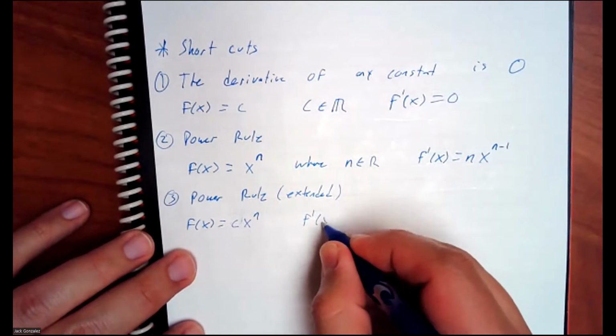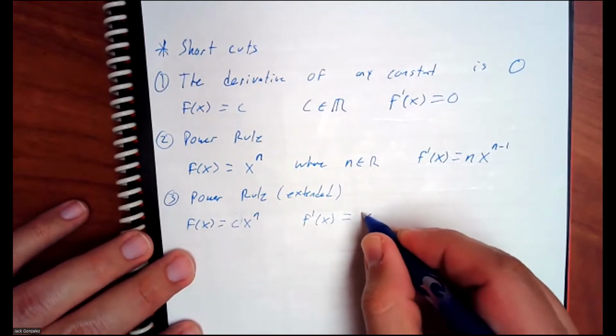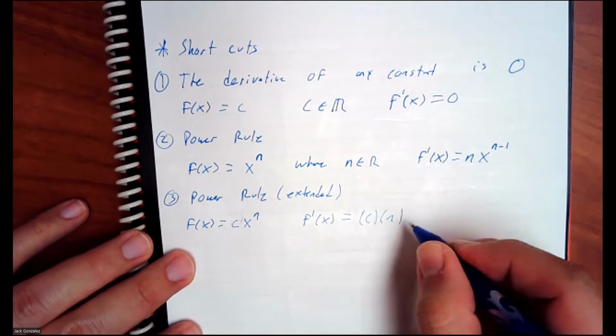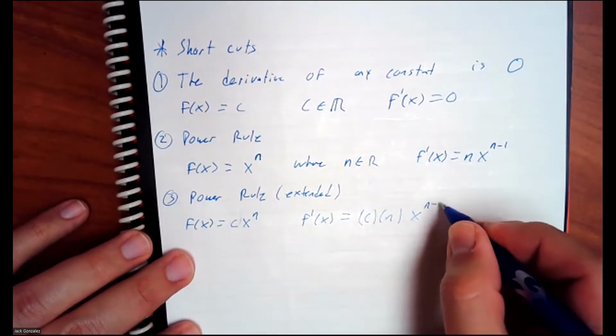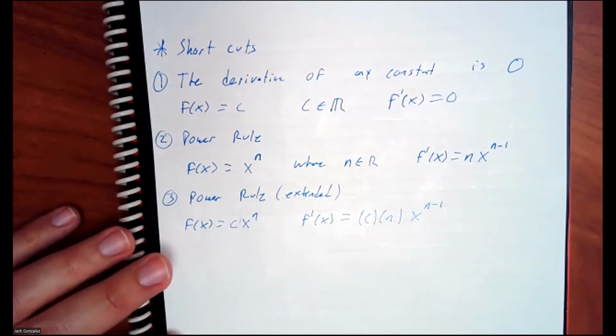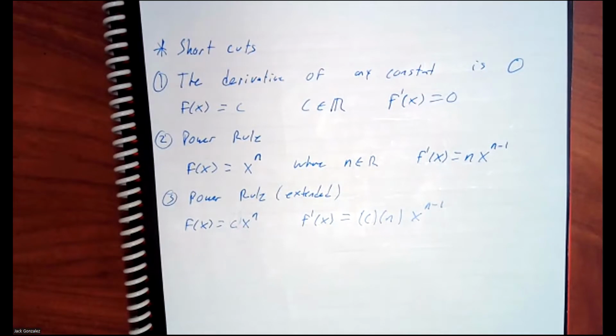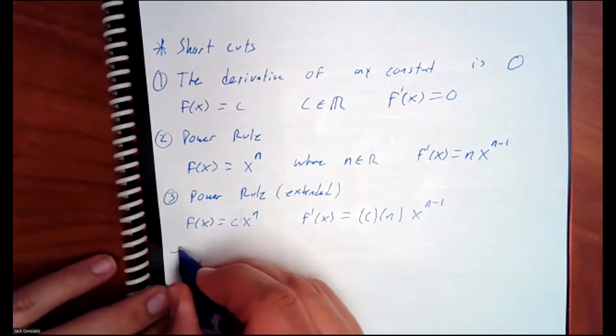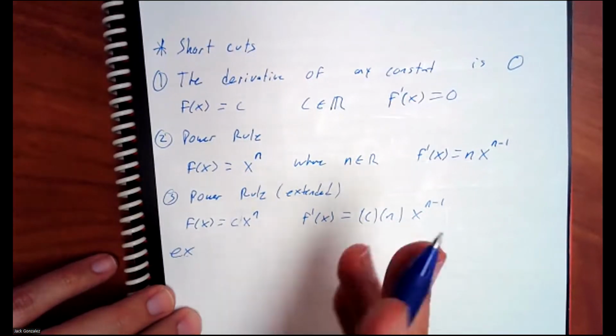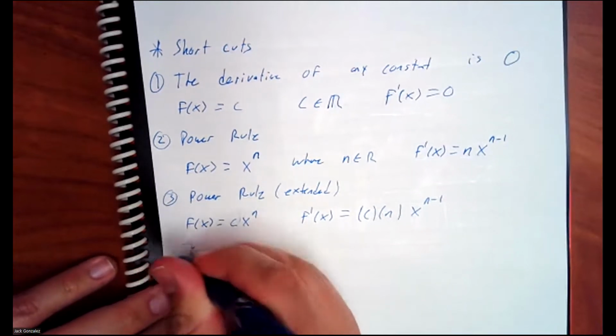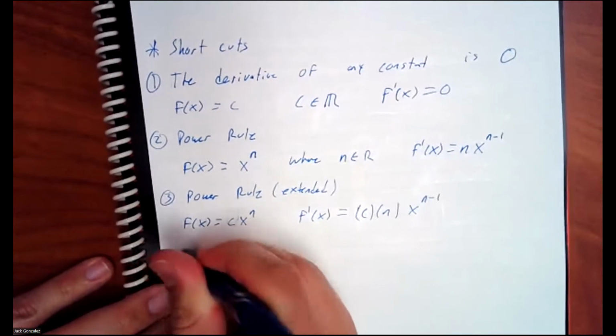F prime will simply be c times n times x to the n minus 1. So you just bring it down and you multiply. Okay. So if we were to redo example 1, using these methods, you'll see we'll get the same thing.